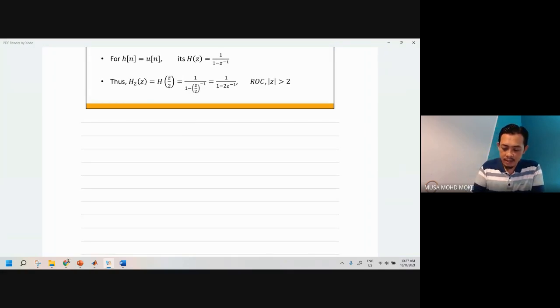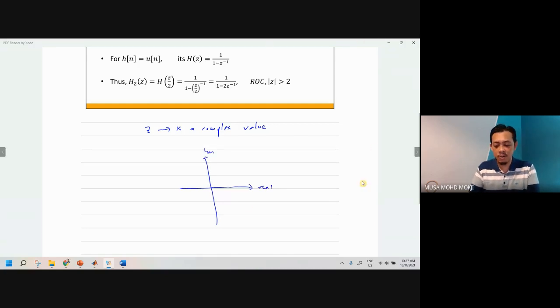Because what is Z? Z is a complex value. That's why we have real and imaginary parts. In this plot, what is the Z?